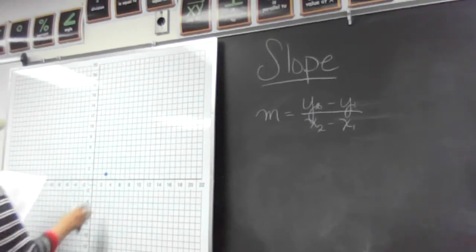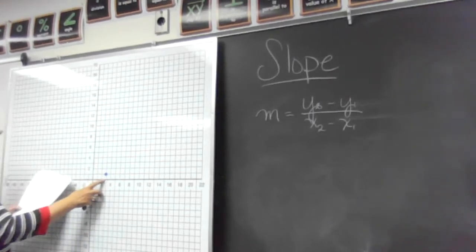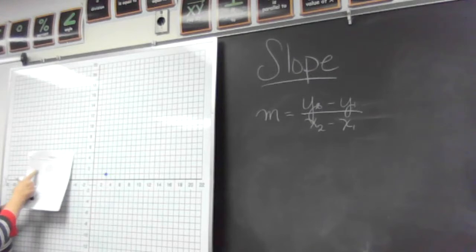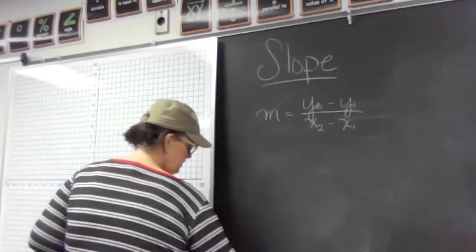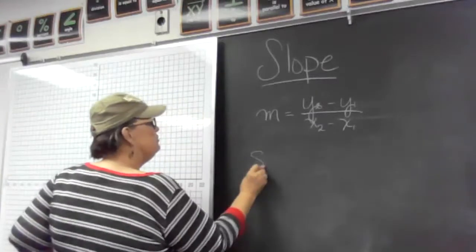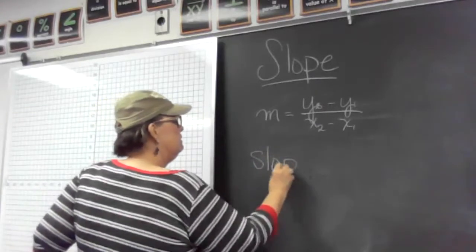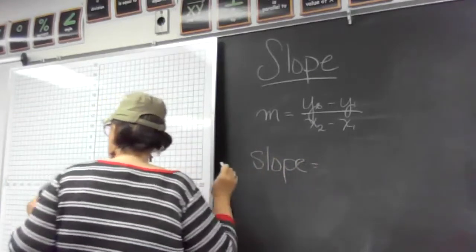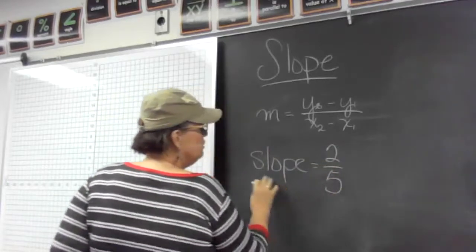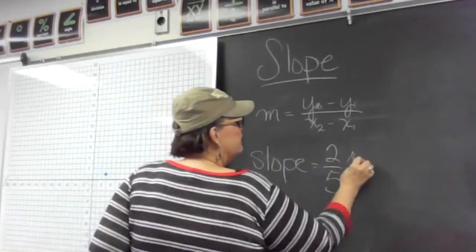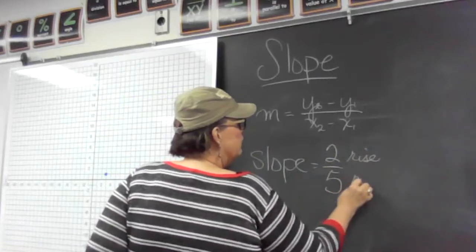Okay, so this is the point that they gave you on this worksheet. And then they said, the GPS tells us that the slope to get to her house equals 2/5, I think, yes. 2/5. And we know with the slope that this is rise over run.